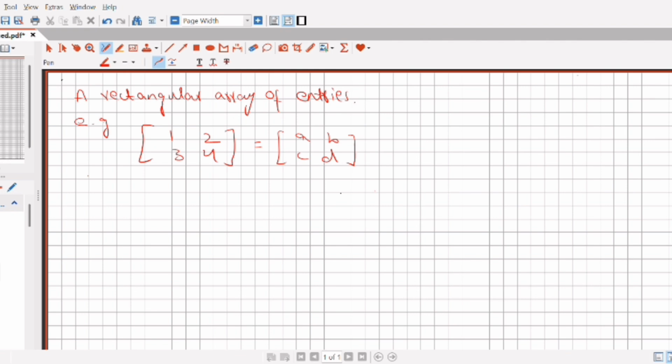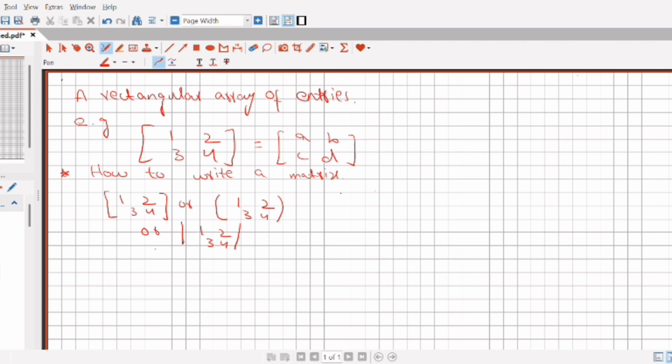The next thing we want to talk about is how to write a matrix. These are three examples of how you write a matrix, but one of them is incorrect. First one is 1 2 3 4 in square brackets, or 1 2 3 4 in parentheses, or 1 2 3 4 between vertical lines.